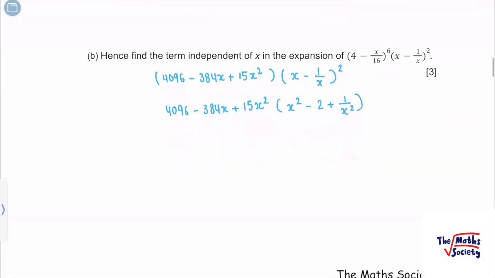And then you're going to multiply them. So it's going to be 4096 multiplied by minus 2, plus 15. And that's going to equal minus 8,177. And that is your independent term of x.